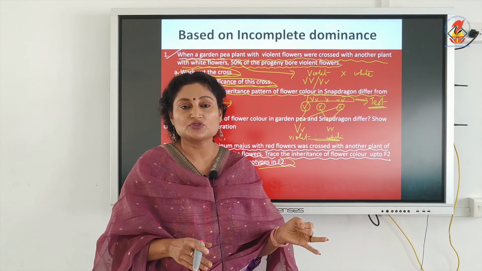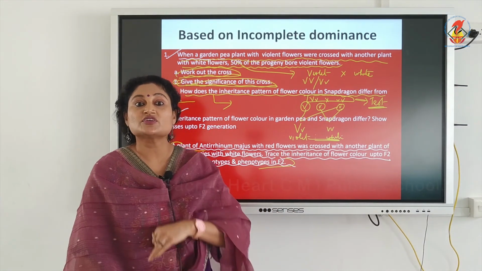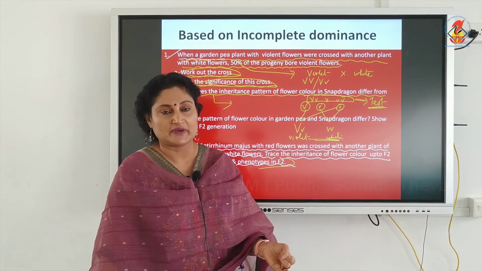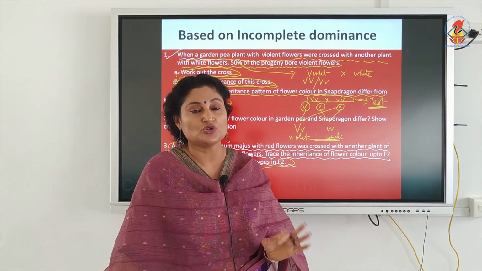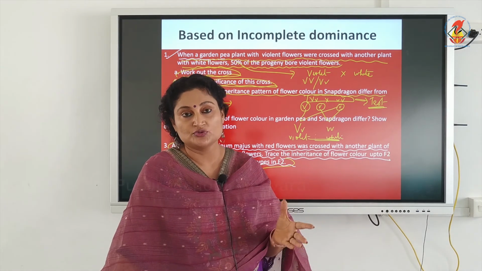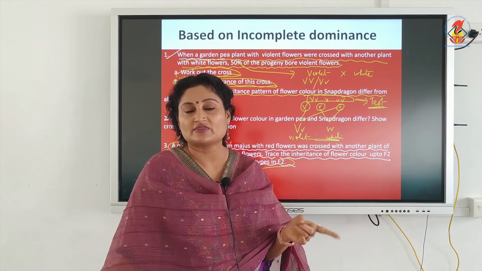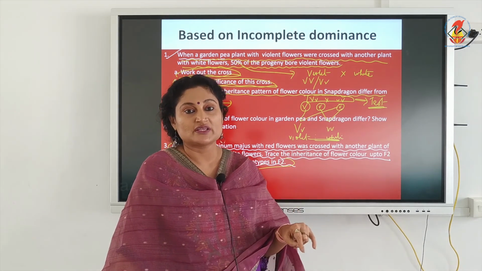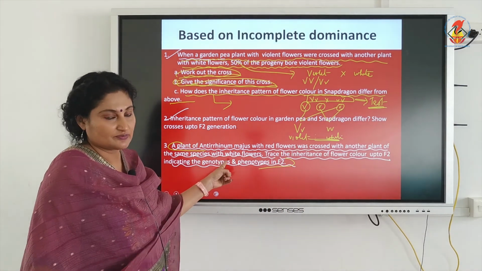Second, how does the progeny resemble in complete dominance? It resembles one of the parents. Here it does not resemble any of the parents. And lastly, very importantly, the phenotypic ratio of the F2 generation in complete dominance is 3:1, whereas in incomplete dominance it is 1:2:1, which I worked out when I did the third problem.